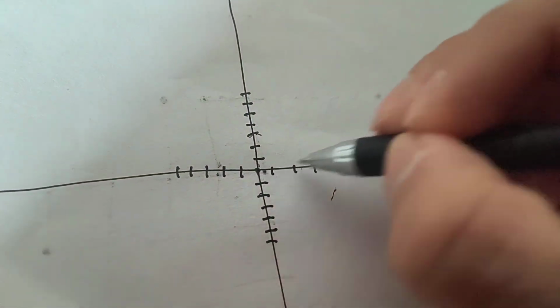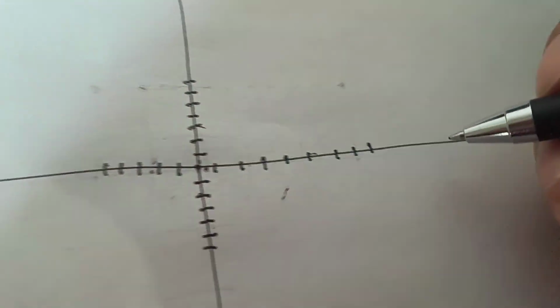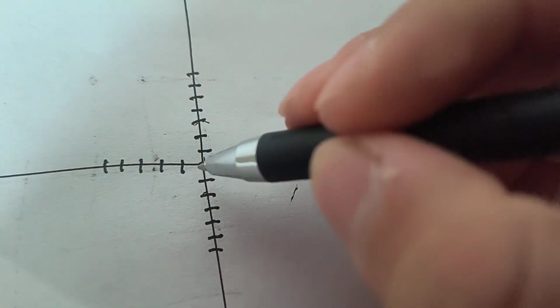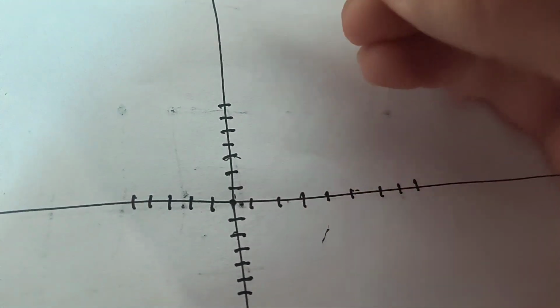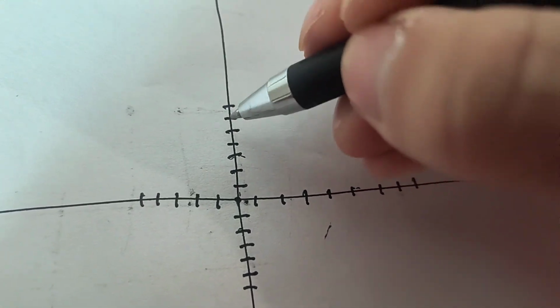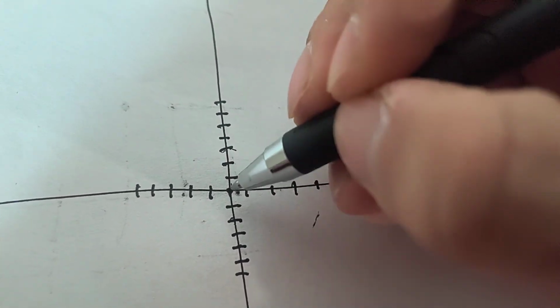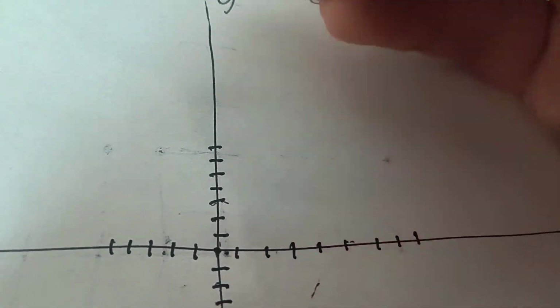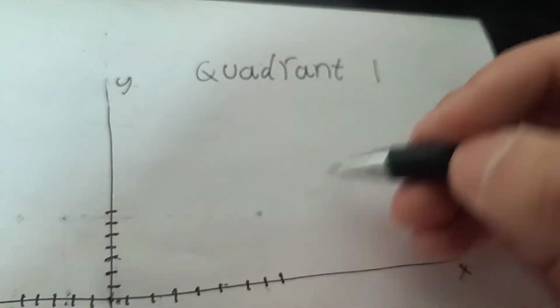Because you can see this is to the right of 0, and this is also above y. It's above the origin on y. So all these values are going to be positive. So any values over here in quadrant 1 are going to be positive.